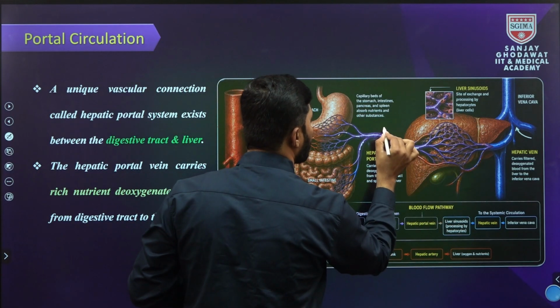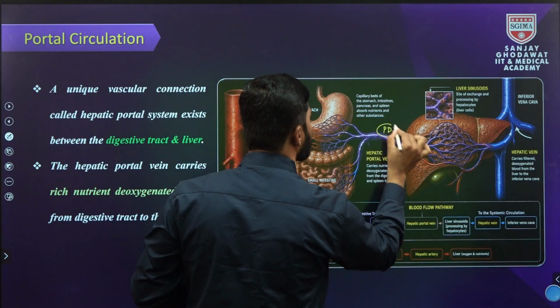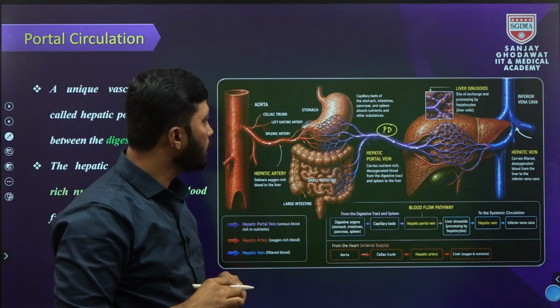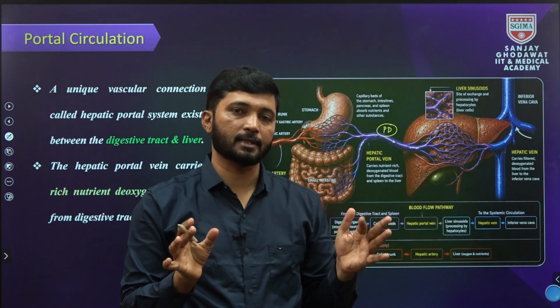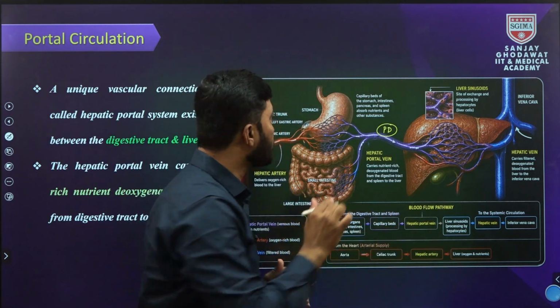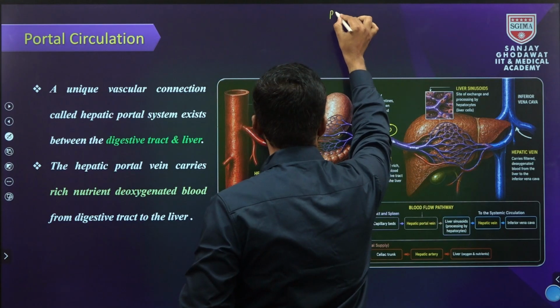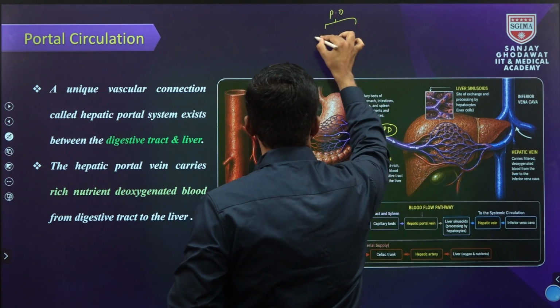In animals there are different portals: the hepatic portal and the renal portal ducts.